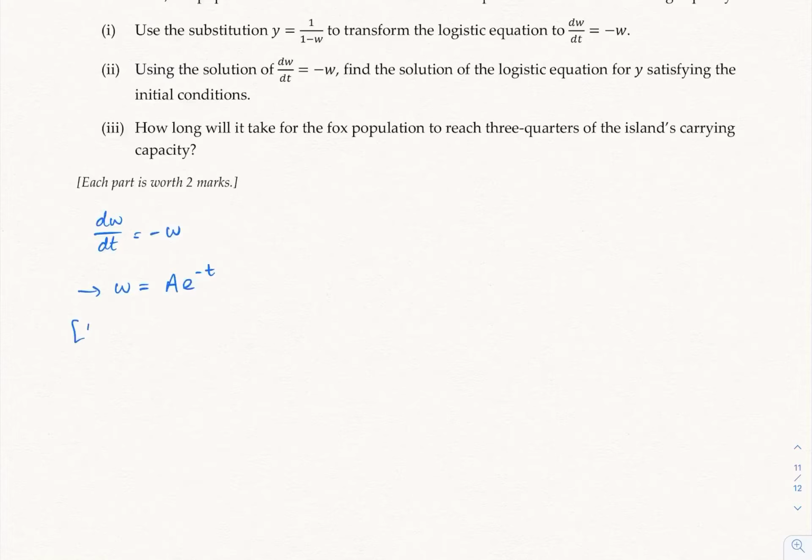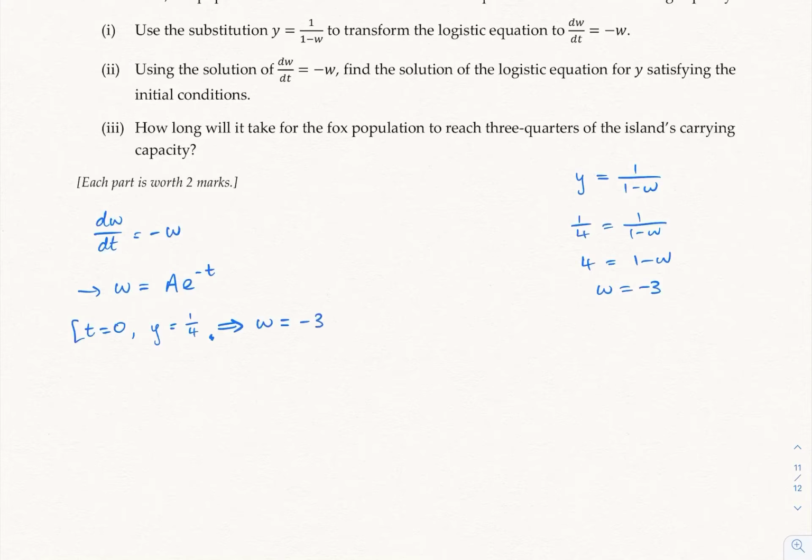So when t equals 0, we were told that y is a quarter, and so that means w equals what? As an aside, we've got y equals 1 over 1 minus w, so a quarter is 1 on 1 minus w, 4 equals 1 minus w, w is negative 3.